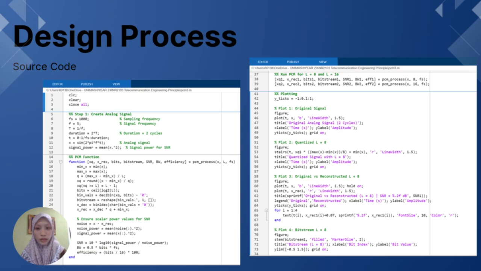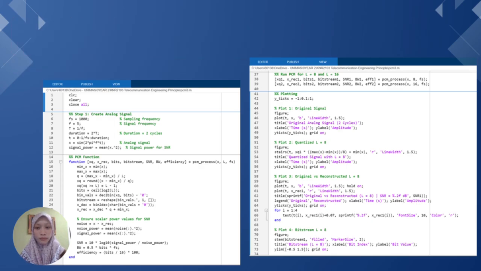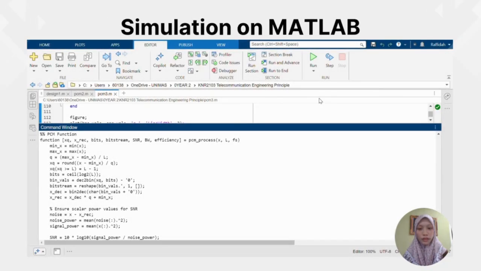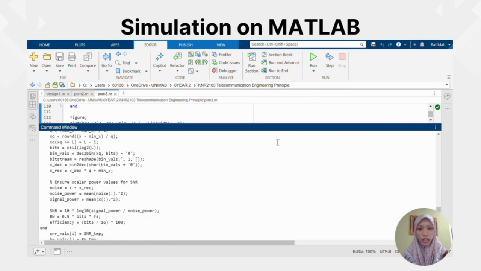So this is the source code of the PCM that was created using MATLAB. The next step is to simulate the code in MATLAB.